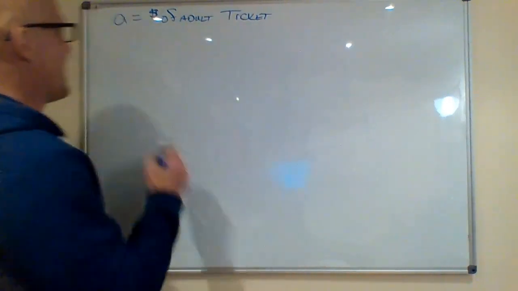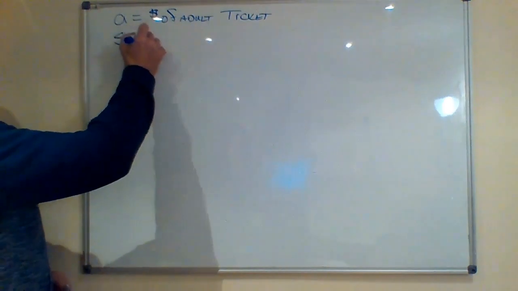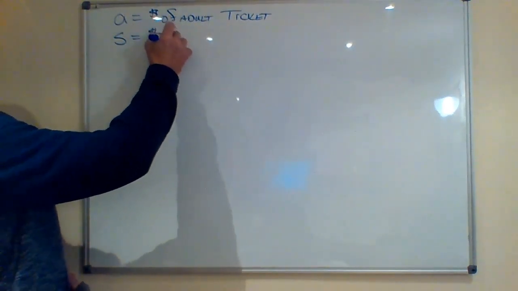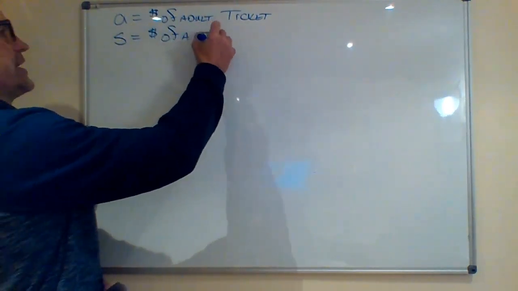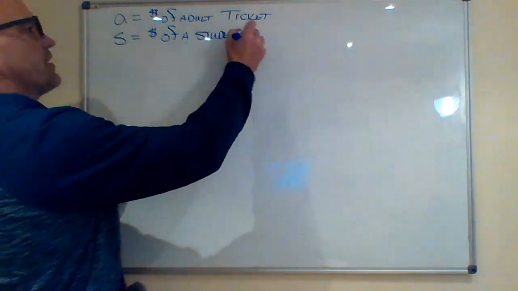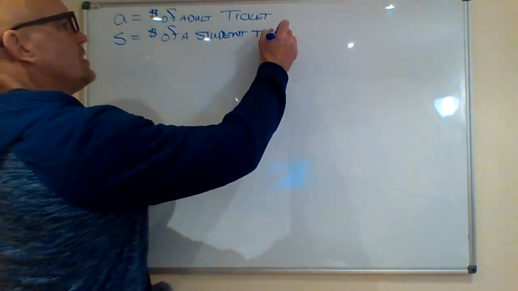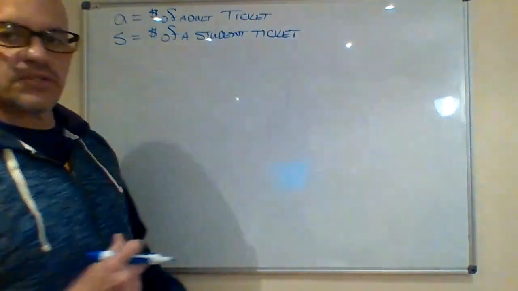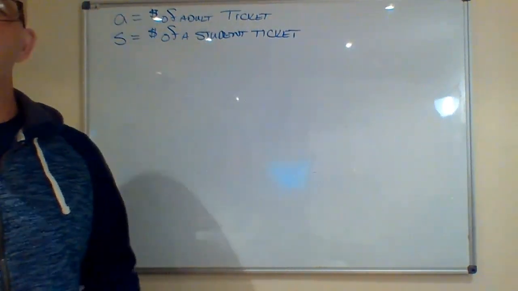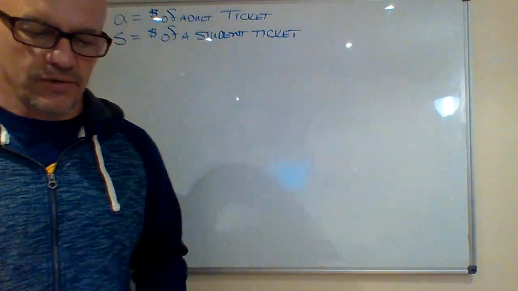I'm going to define S as the cost of a student ticket. That is the very first thing that you need to do in order to start writing equations that you can solve. Identify what variables you're going to use.